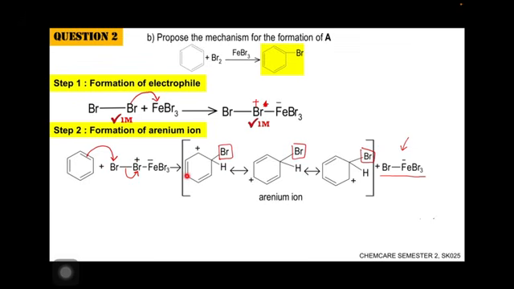And then in the arenium ion, we have to show the arrow. So the arrow shows the movement of electrons from bond to bond. Then you change the position of the double bond, and also you change the position of the carbocation here. Next one, the movement of electron from bond to your carbocation.